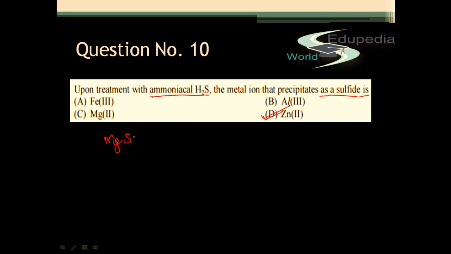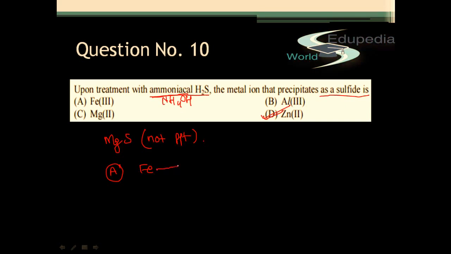MgS is not a PPT. Sulfides of alkaline earth metals are not precipitated, so this is not PPT. If we come to A and B, that is Fe and Al, these compounds will be respectively precipitated as, because you must know that in a solution we also have ammoniacal, ammoniacal means the presence of NH4OH, right?